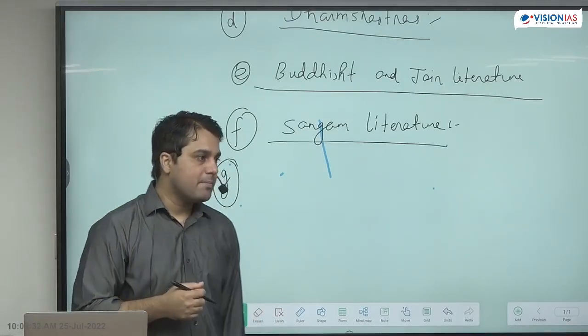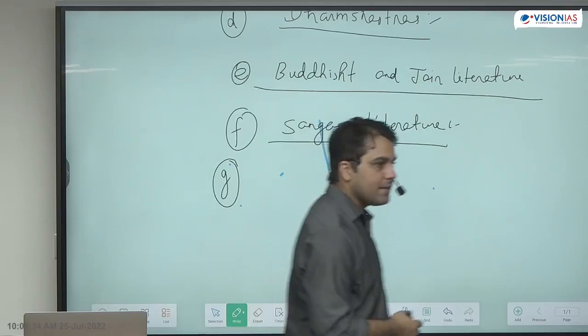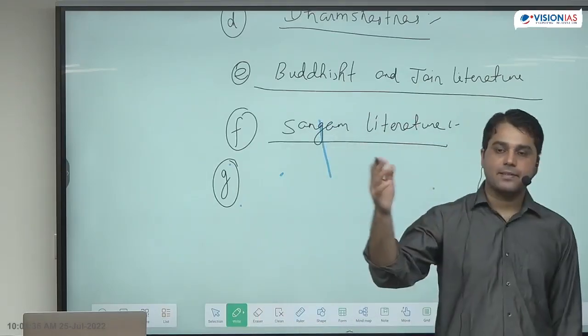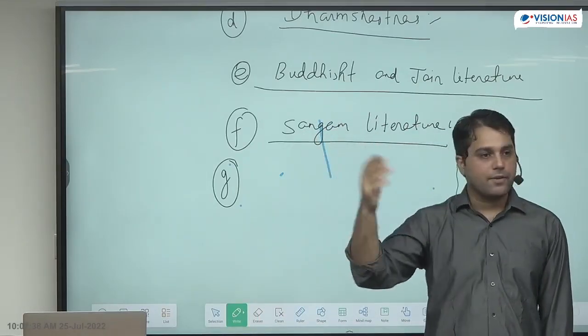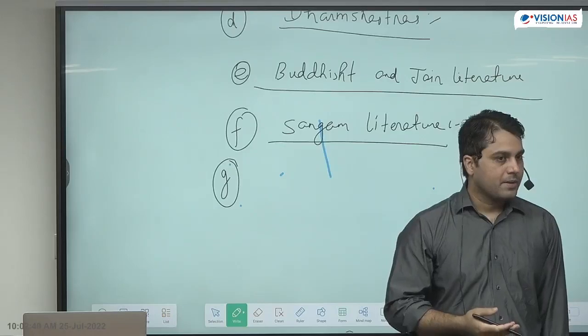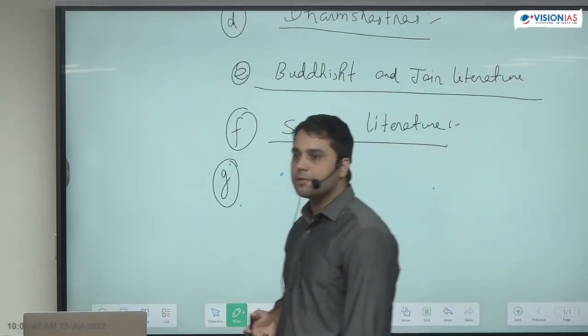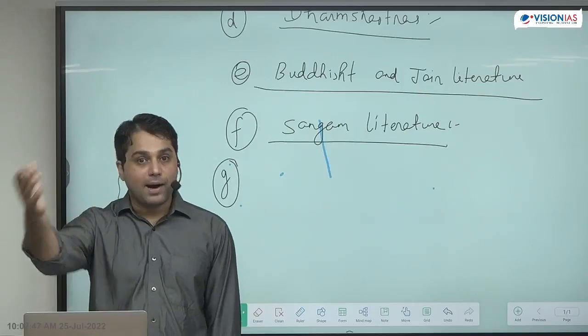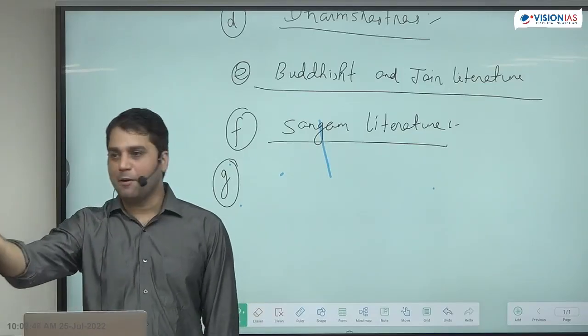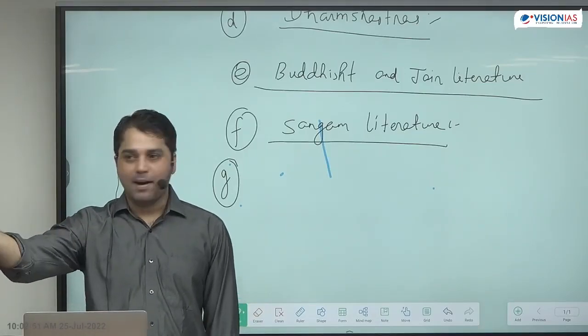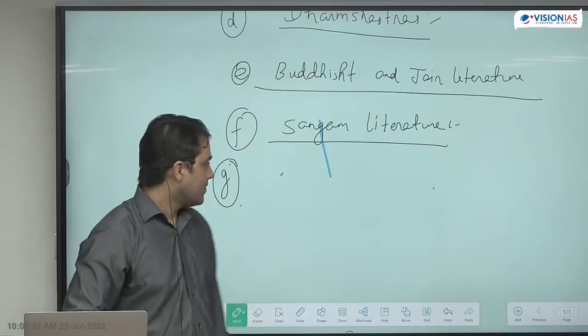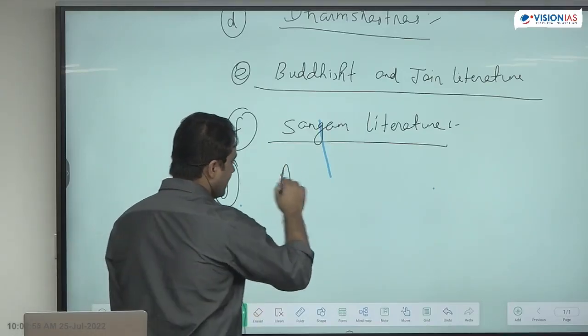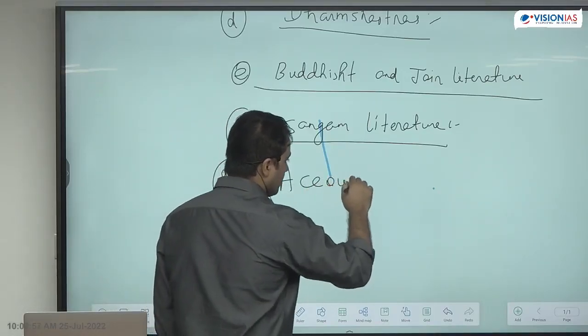So for example, many foreigners who came to India were very mesmerized by elephants, that elephants have been domesticated. And many foreigners write about elephants. Similarly, they are mesmerized by a lot of spices which were available in India. Lot of things, for example, pan was very popular for many foreign travelers, that something like pan exists in India. So accounts of foreign travelers are again a very, very important source.